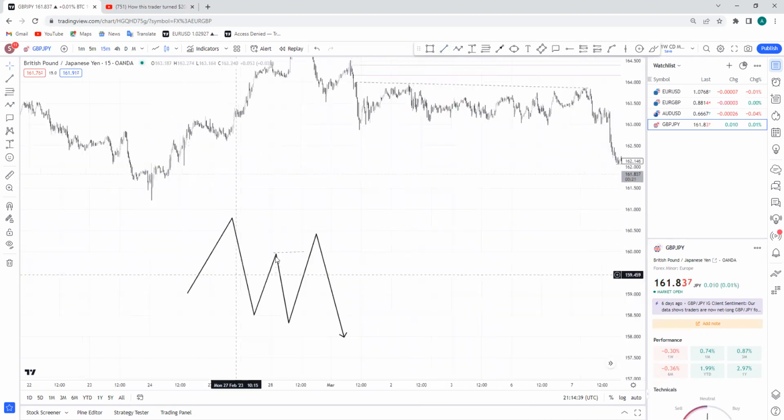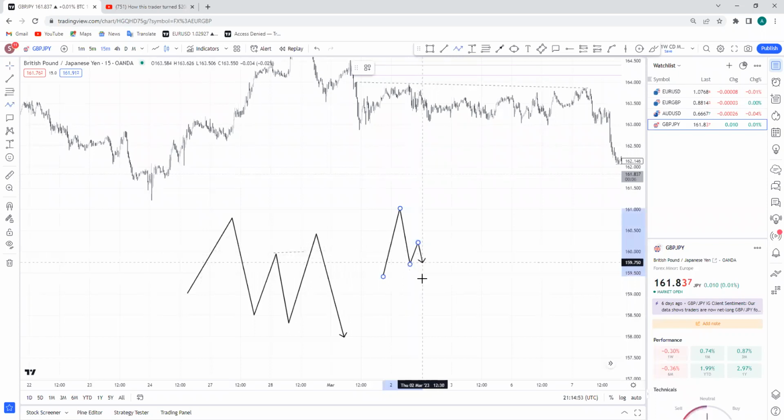So this one is the inducement. The last one here is the inducement. Assuming we have something like this: 1, 2, 3, 4, 5. We would have considered this place before this break of structure as the liquidity for the nearest POI and continue.